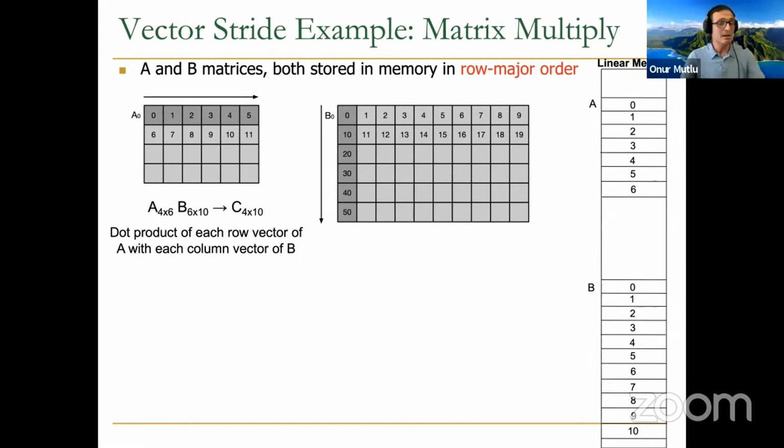But what is multiplication? Multiplication is the dot product of each row vector of A with each column vector of B. So why are both row major? I thought they're stored differently. Well, this is what the programmer decided to do, and programmers can do it. Certainly, both can be row major. Why isn't the address plus 4 here?